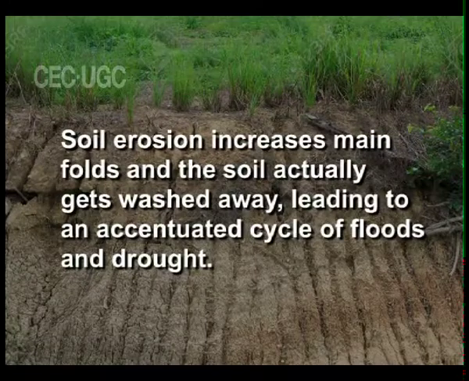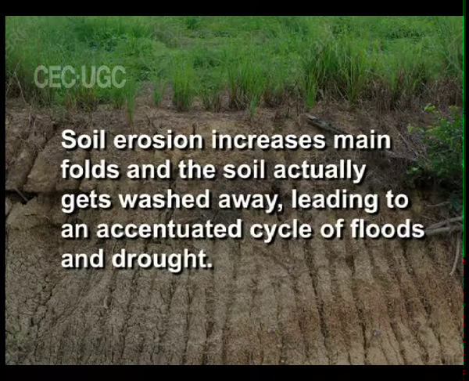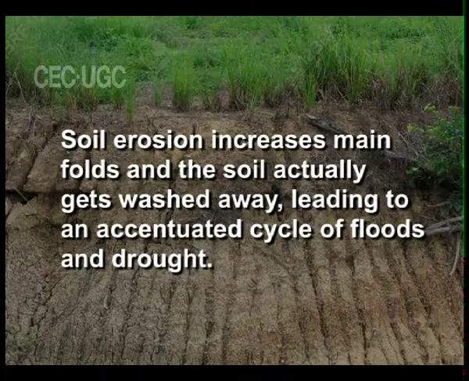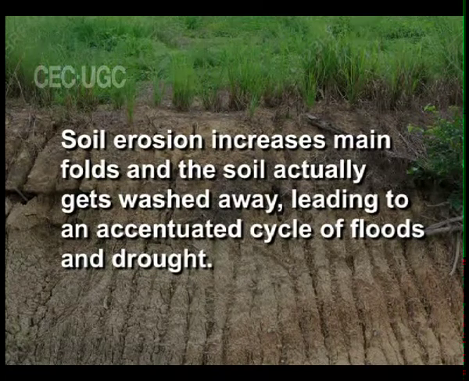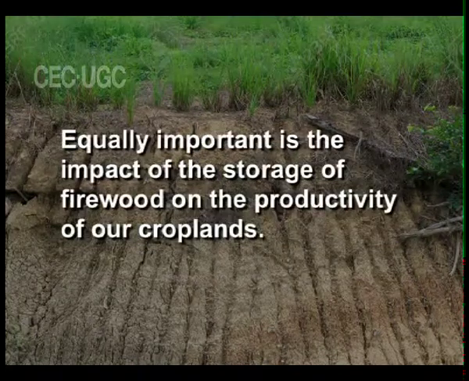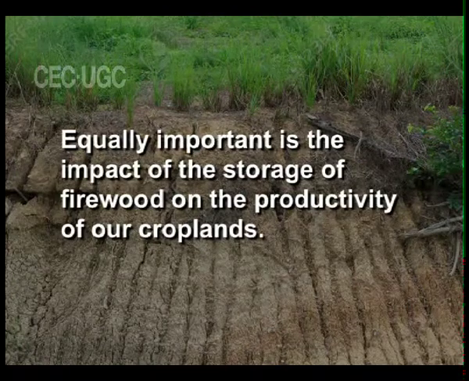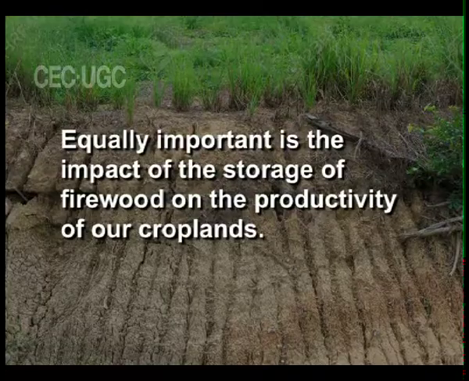Number one, soil erosion increases manifold and the soil actually gets washed away, leading to an accentuated cycle of floods and drought. Number two, equally important is the impact of the shortage of firewood on the productivity of our croplands.